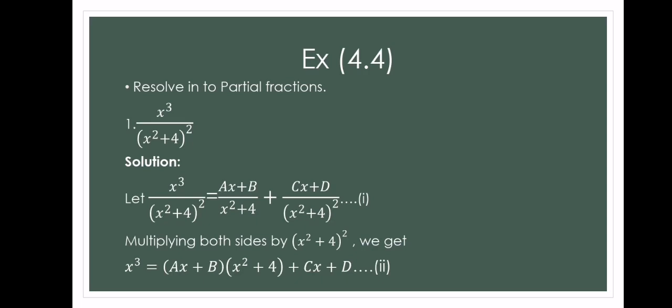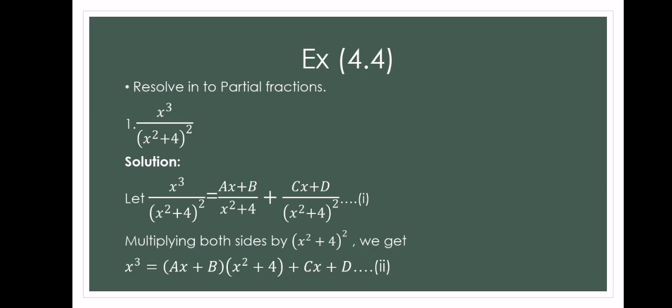Here the quadratic factors are given in the denominator but they are also being repeated, so we will have to start it with power 1 and then with power 2. So we will have (ax plus b) divided by (x square plus 4) plus (cx plus d) divided by (x square plus 4) whole square.